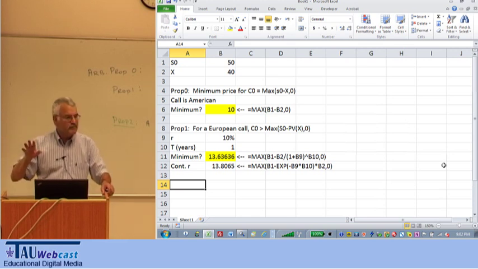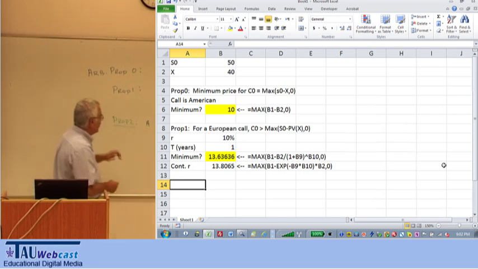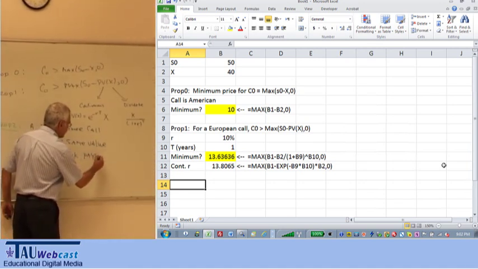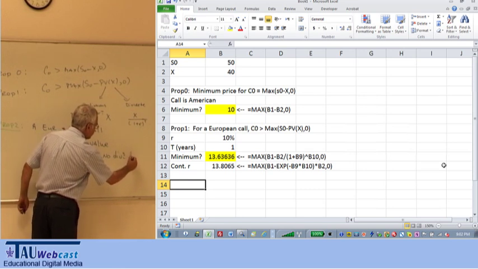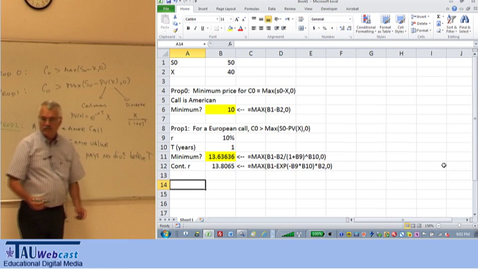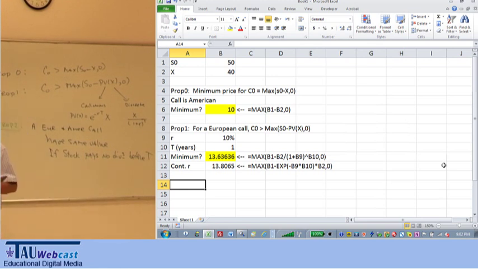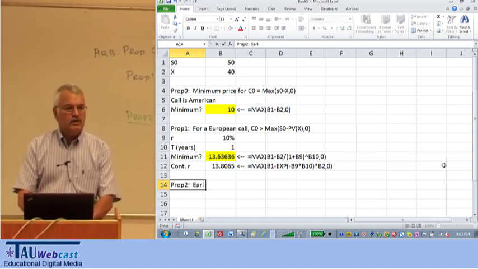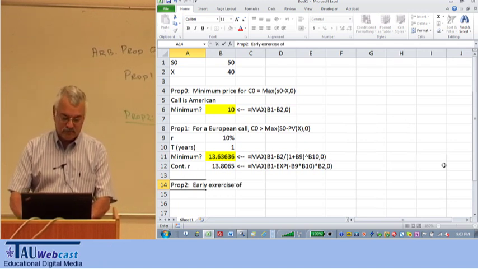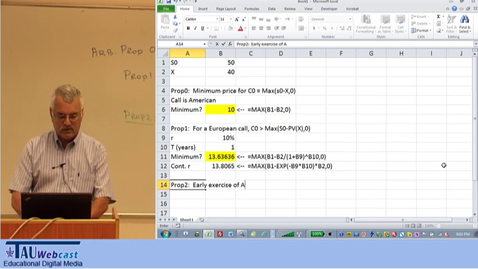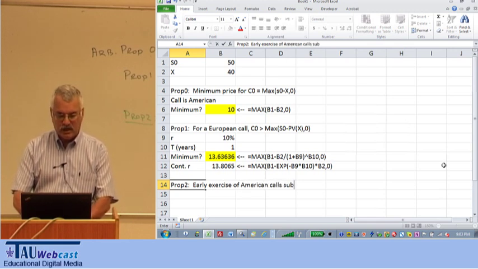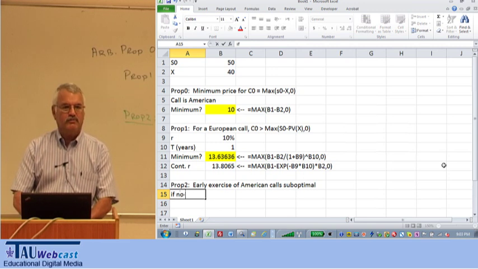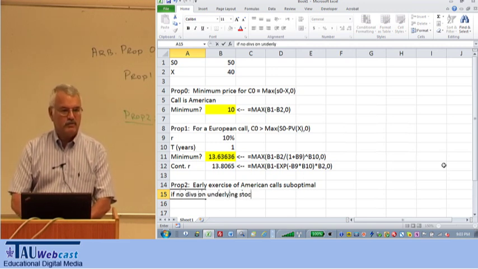If the stock pays no dividends before time T. Okay, and so proposition 2 says early exercise of American calls is suboptimal if no dividends on the underlying stock.